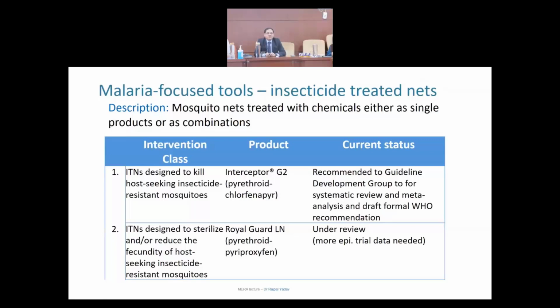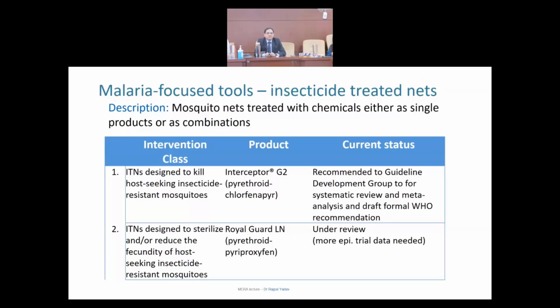The first intervention class is insecticide treated nets designed to kill host seeking insecticide resistant mosquitoes. So if there was resistance to pyrethroids, for example, in some area in India where you want to eliminate malaria, then this is the product that could serve as an alternative in the future.